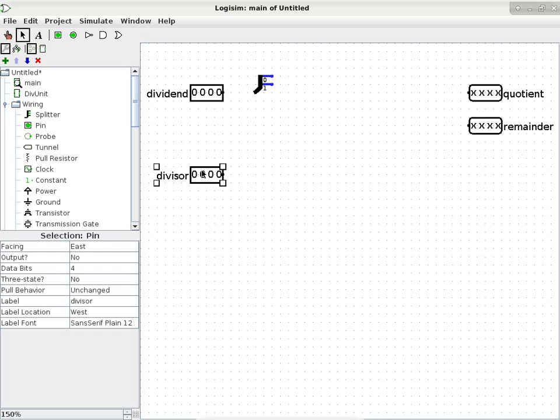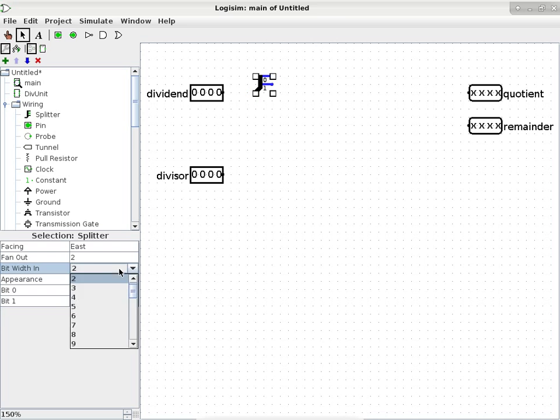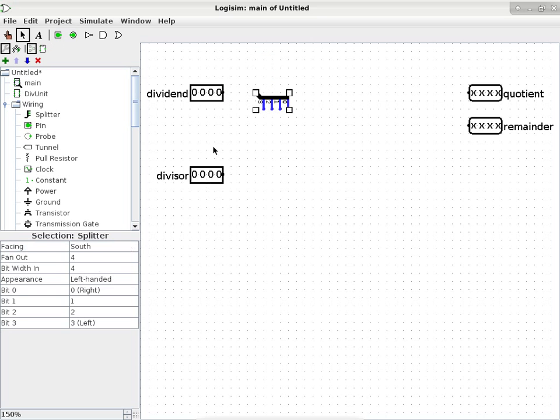We don't need to chop it up. So here's the dividend. We'll chop it up into 4 individual bits. And we can turn the orientation so it looks a little bit nicer, and draw some pins.